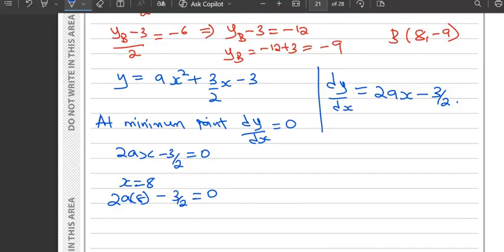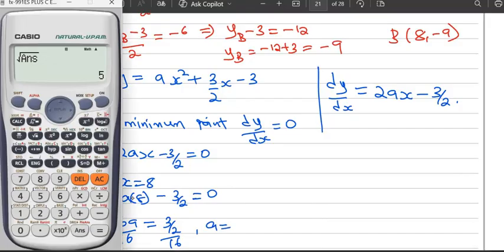Simplifying this is the same as 16a equals 3 over 2. You can divide through by 16. So this means that a is simply equal to 3 over 2 divided by 16.